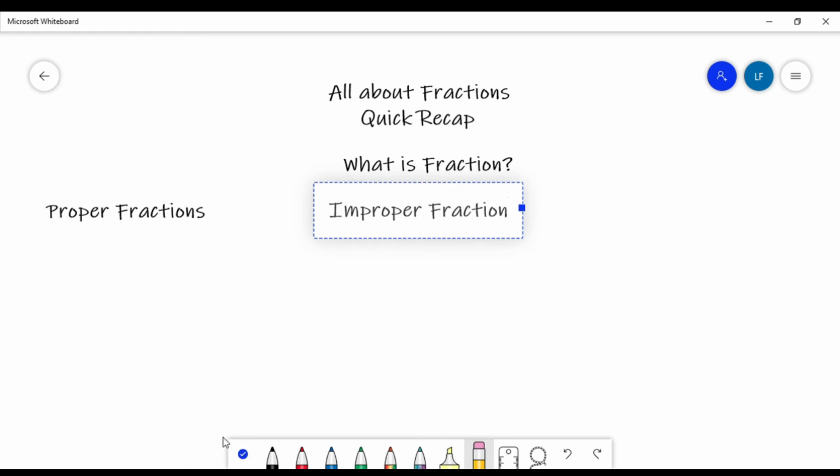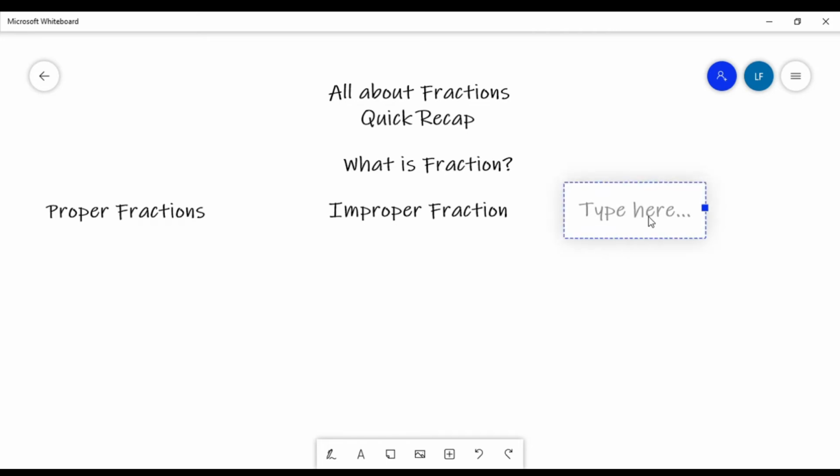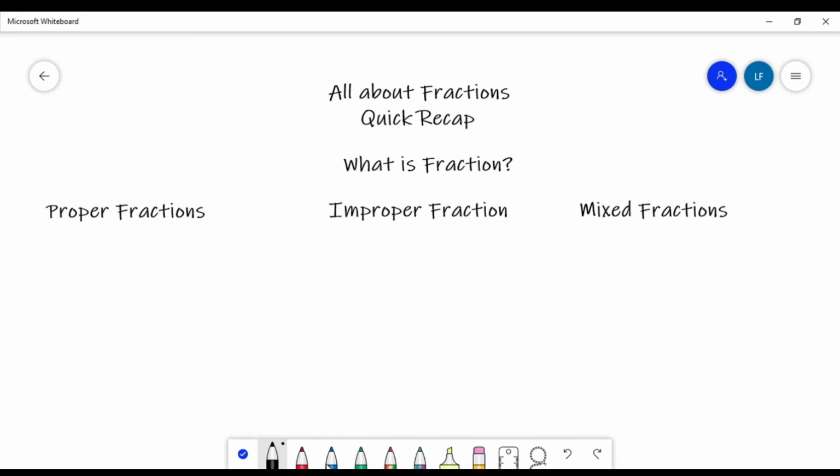Okay, now we come to the next class of fractions known as mixed fractions. So what is a mixed fraction? Mixed fractions are pretty simple. For example, I give you an example here: this by 5.